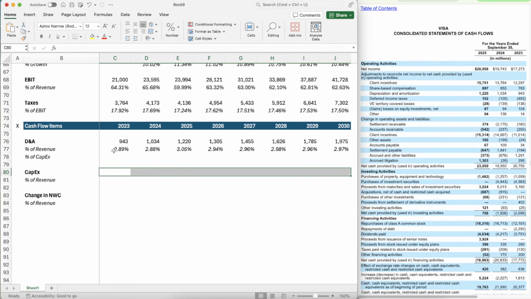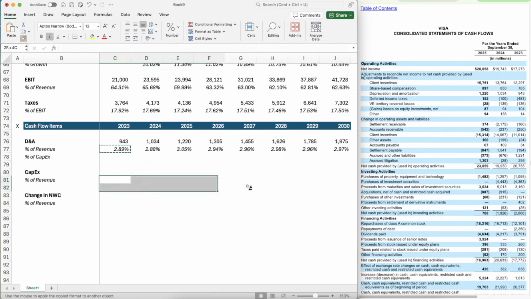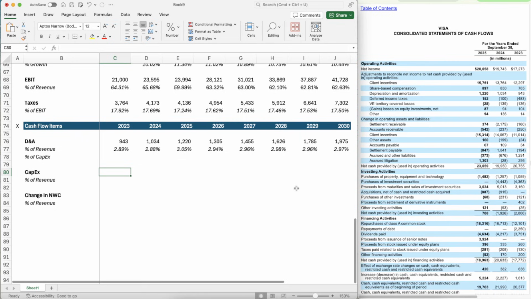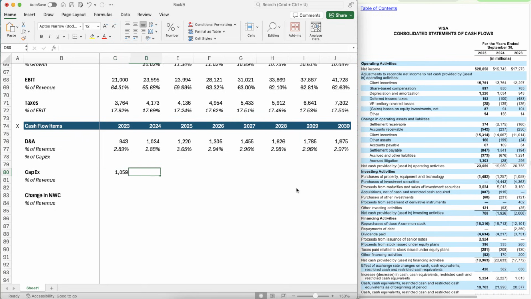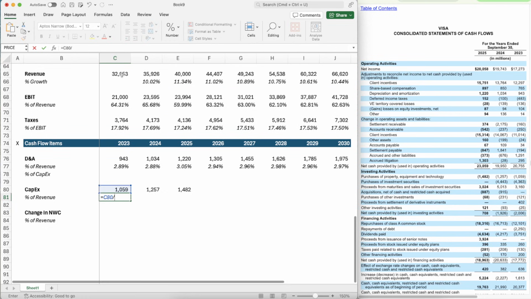Formatting. So capex is this one. 1059, 1257, 1482, divided by the revenue.